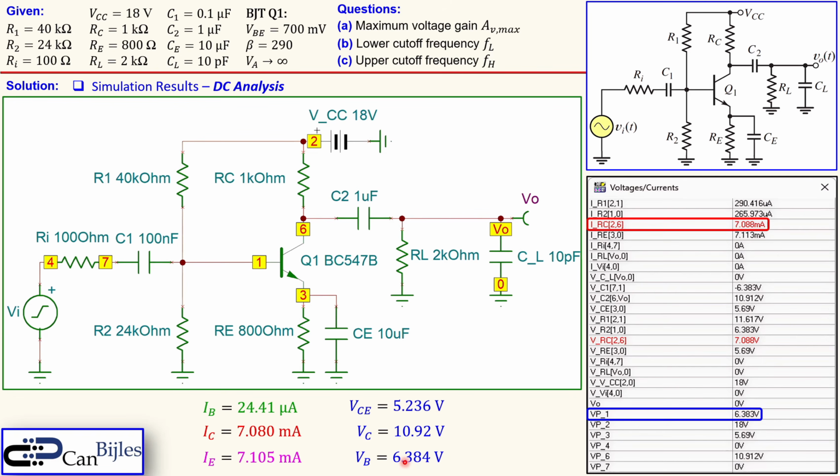We have 6.384 volts, so also very close. We also see here the node voltage at node 6. That's actually shown here. It's 10.912 volts, which is in our case 10.92 volts, also very close to what we have calculated. So this is all nice. So we can say it is according to our calculations.